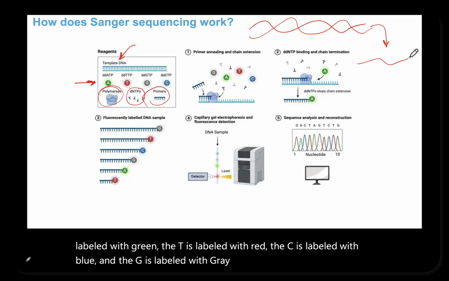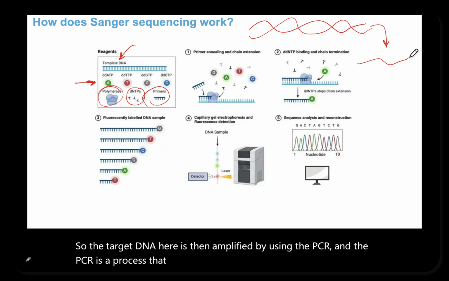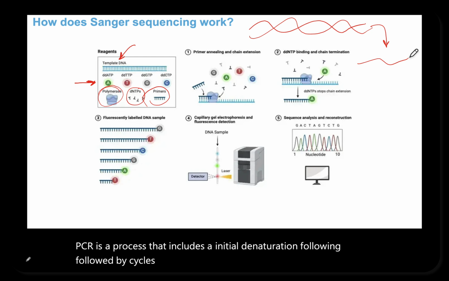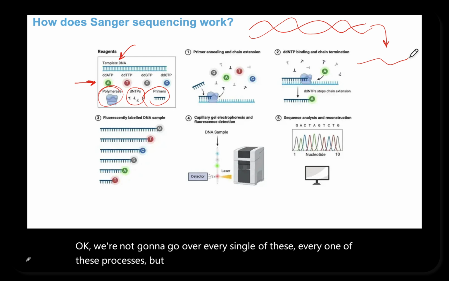So the target DNA here is amplified by using the PCR, and the PCR is a process that includes an initial denaturation followed by cycles of denaturation, annealing, and extension. We're not going to go over every one of these processes, but just so you know, denaturation, annealing, and extension are steps of the PCR.